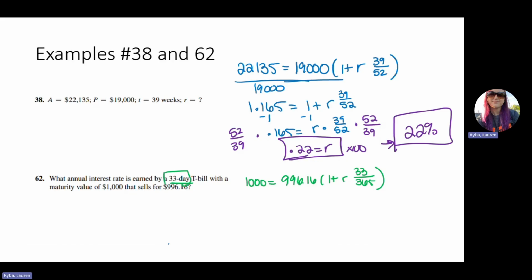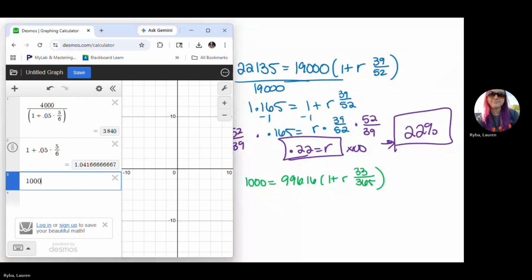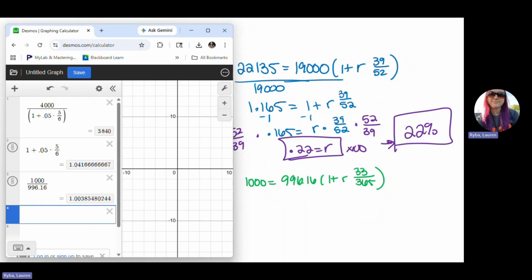This one's going to be messy. So I will pull this up here. If I take 1,000 divided by 996.16, I get this. The nice thing with Desmos here is I can highlight this and just hit Control-C, copy it, and paste it. So then I could subtract 1 from it.